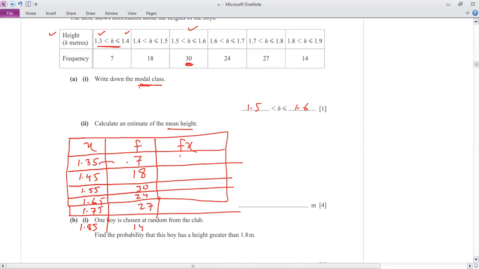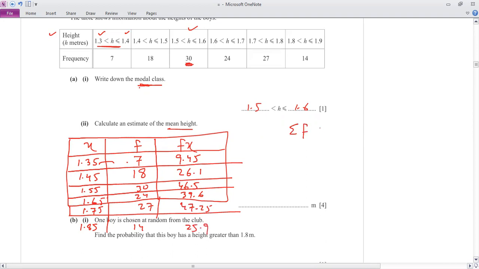Each one for each: 9.45, 26.1, 46.5, 39.6, 47.25, and 25.9. Yes, the last one is 25.9.